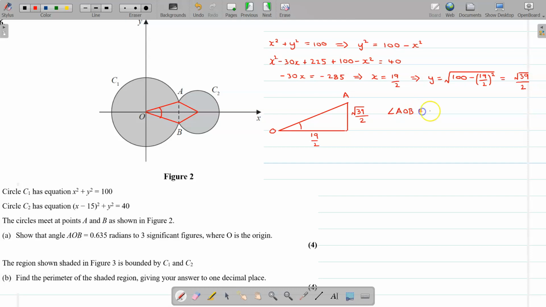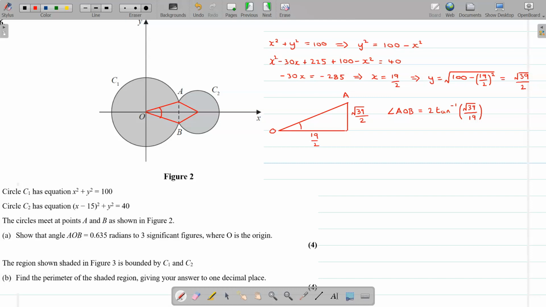All right, so angle AOB is going to be double that. So it's 2 lots of the inverse tangent of root 39 over 19. We don't need the 2's because they effectively cancel out.